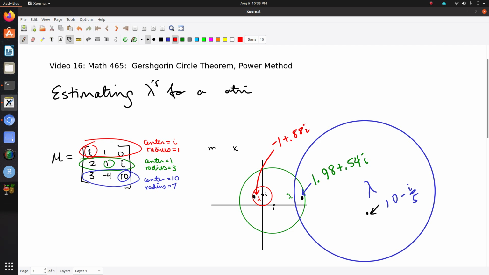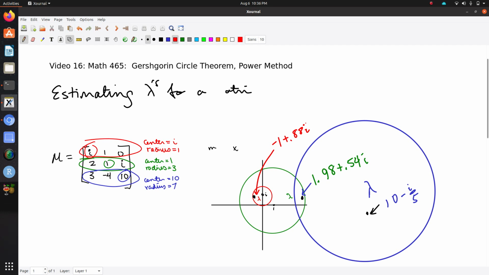Okay, so each circle gives you one eigenvalue, but you can't always pigeonhole them. In this case, we were able to because we could figure out where the blue one was coming from, and then the green one, and then the red one. But sometimes they overlap in such a way that you really can't untangle it without digging deeper. Okay?